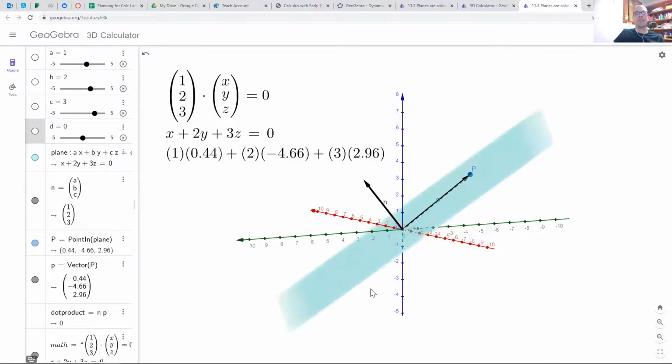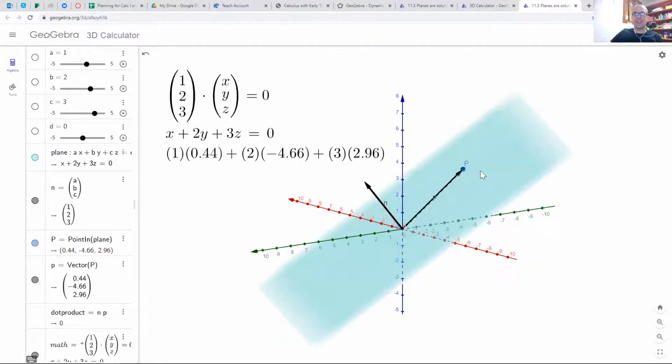And this is probably the easiest case to understand. The idea here is that we've got a normal vector 1, 2, 3, and any point that is a solution to this dot product saying that some arbitrary point is perpendicular to our normal vector 1, 2, 3, then it's one of the points here in the blue plane.